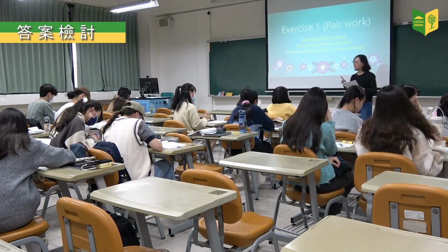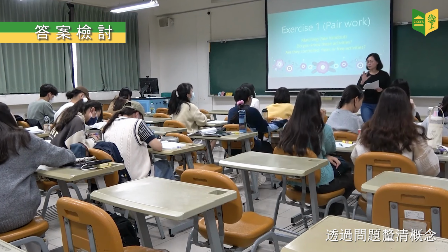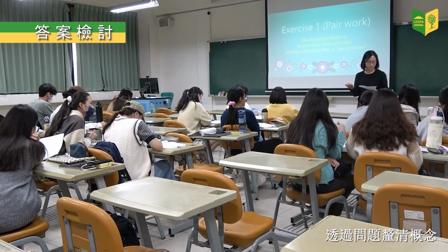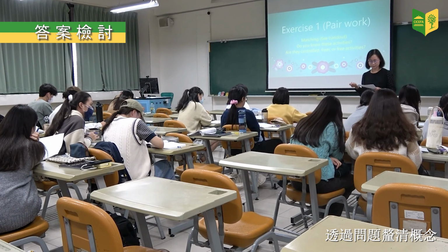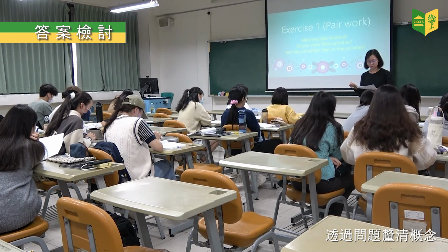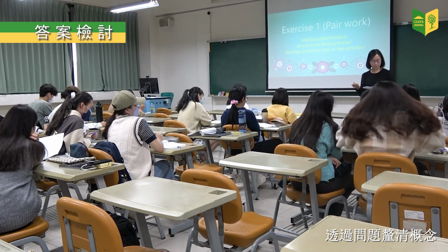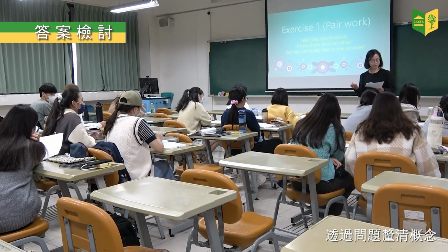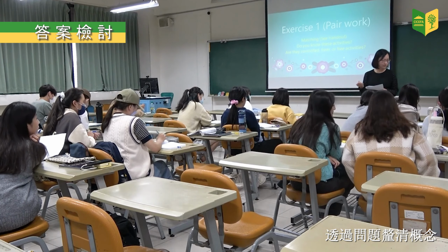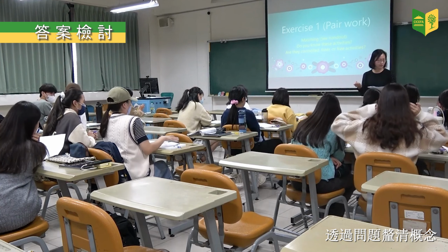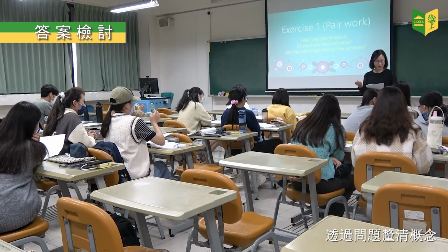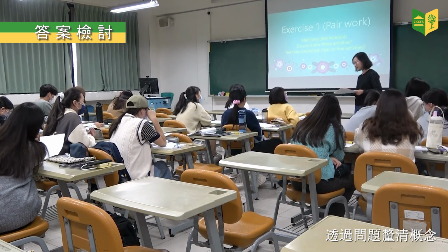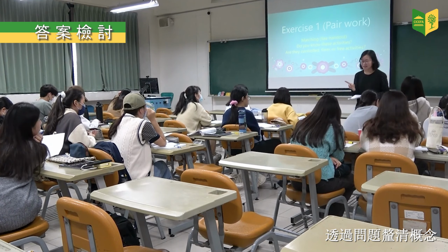All right, so now let us listen to pairs tell their answers. Let us start from this corner here. D is a survey, right? Do you all agree? The first one is a survey. Yes, that's right.